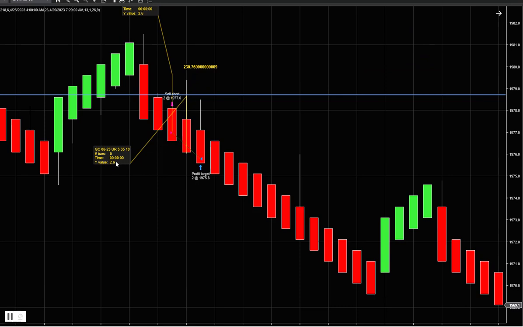Now your trailing stop moved from here to here. That's called trailing. Now you got 9 ticks already in profit. We need more ticks because our target is 13 ticks. You need 4 more ticks.